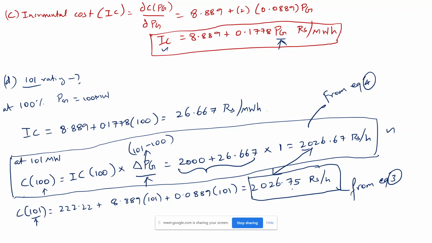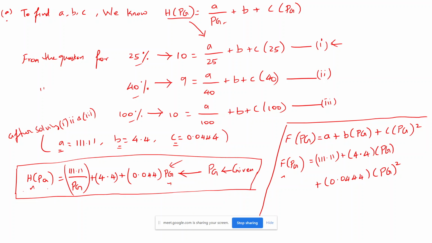So the conclusion is, instead of finding this big equation by solving equation 3, we can use equation 4 only to find out the cost. That is the conclusion they want us to understand from question D.